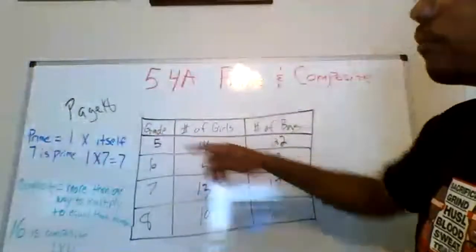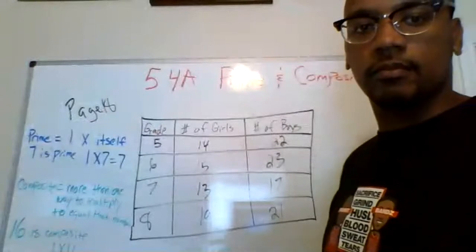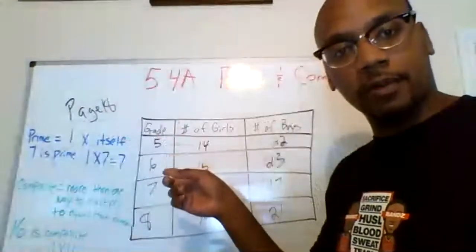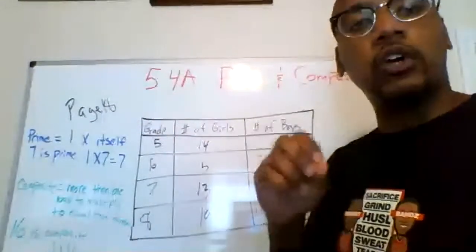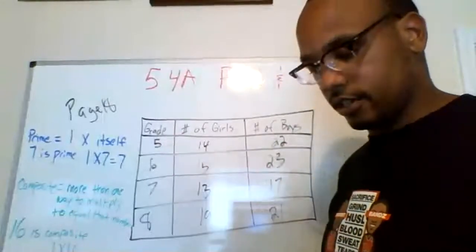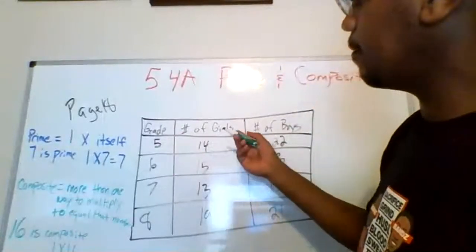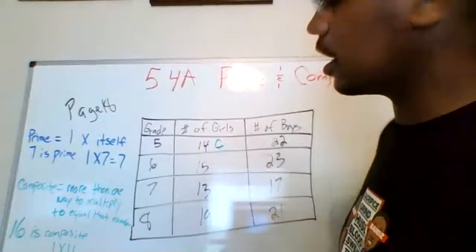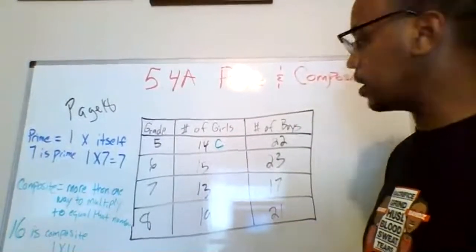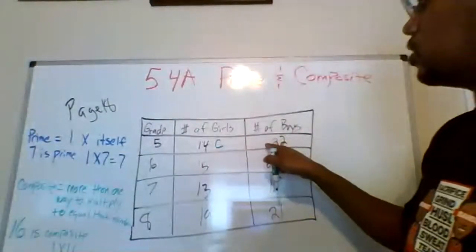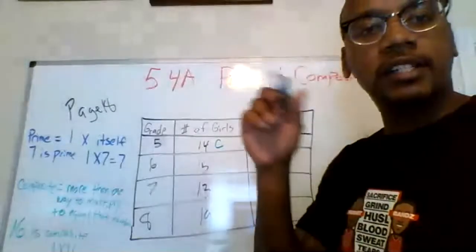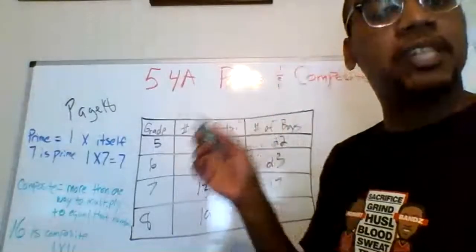So if we look at 14, I know 14 is 1 times 14, but you also can multiply 2 times 7, which means 14 is composite. 22 is 1 times 22, 2 times 11.